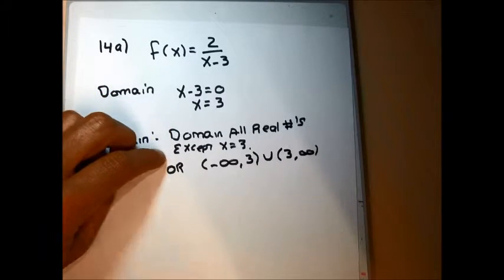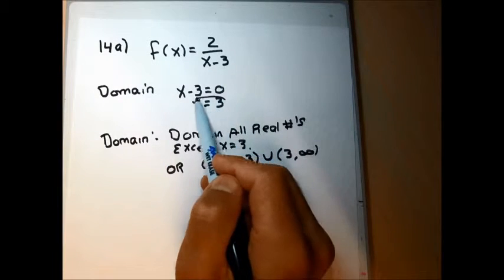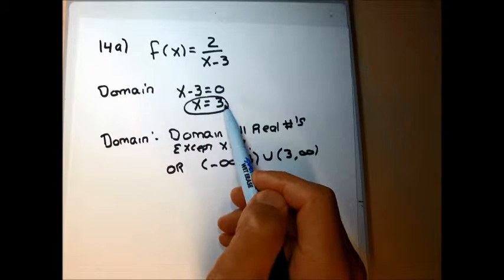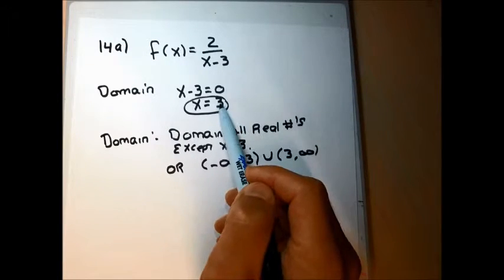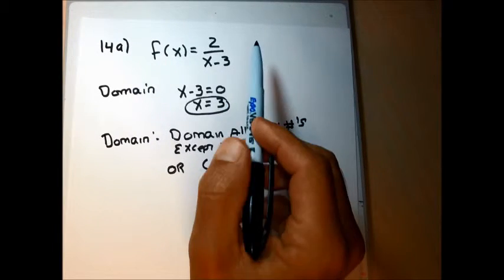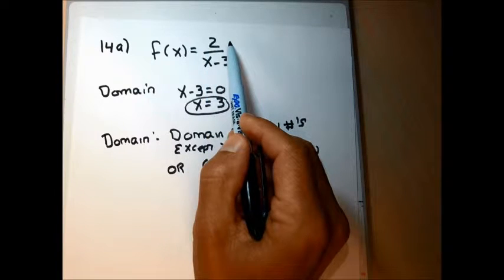So the solution to finding the domain is going to give me either the x coordinate of a hole, or the vertical asymptote. X equals 3 would be a hole as opposed to a vertical asymptote if you could factor the numerator, and the numerator would have a factor of x minus 3.